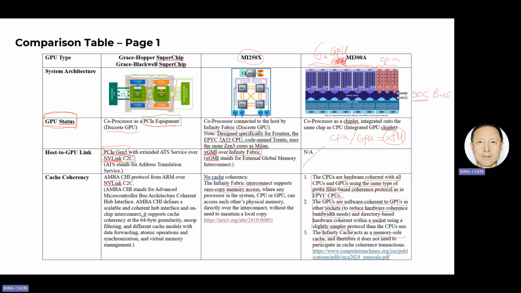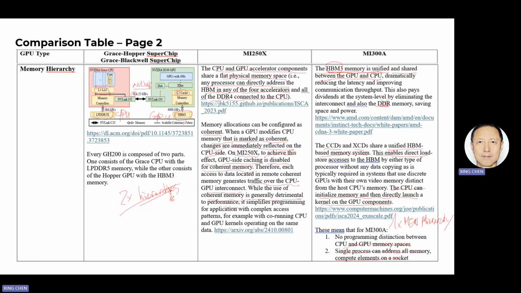If you look at this architecture, it's in between the two, but it's more like MI300A, because even though the MI250X is a discrete GPU, its memory has been unified with the CPU memory by this Infinity Fabric link.